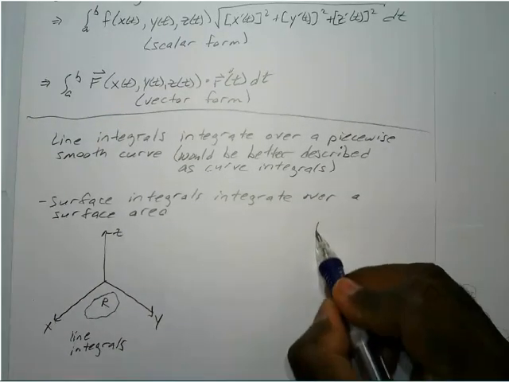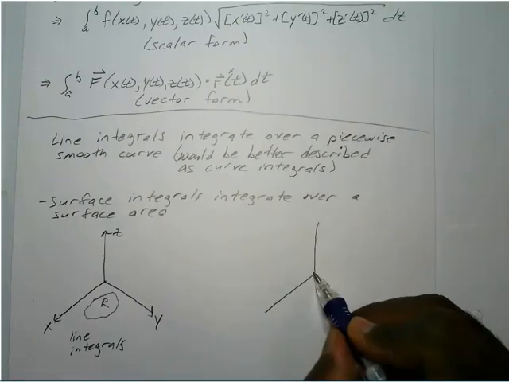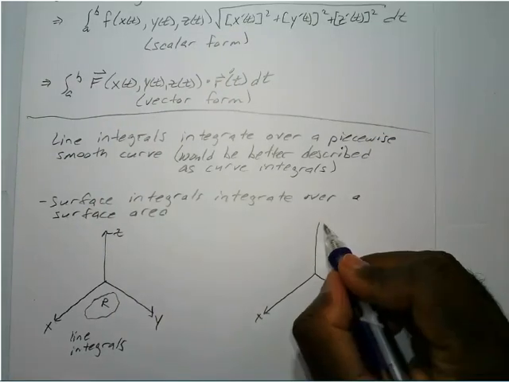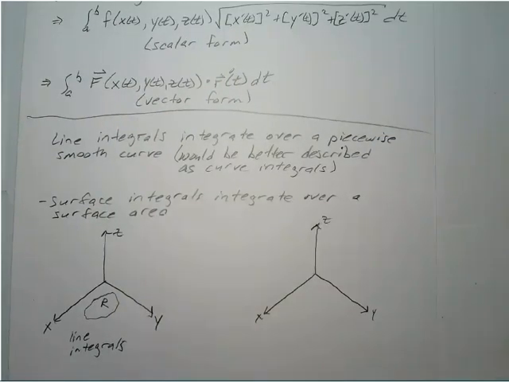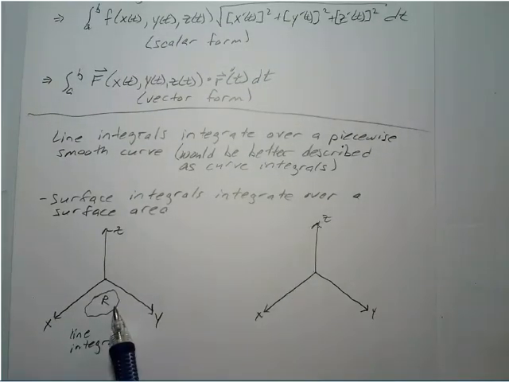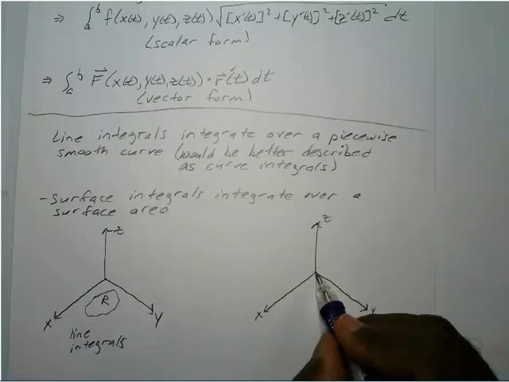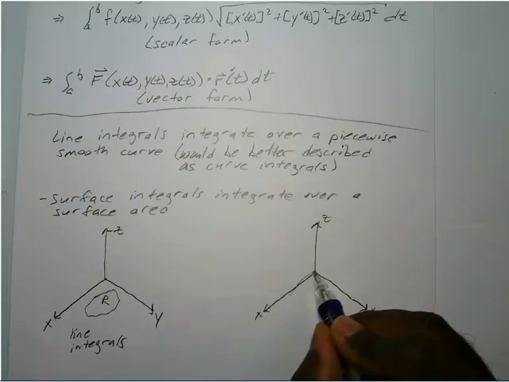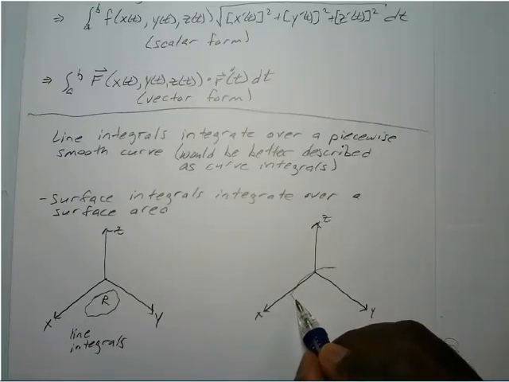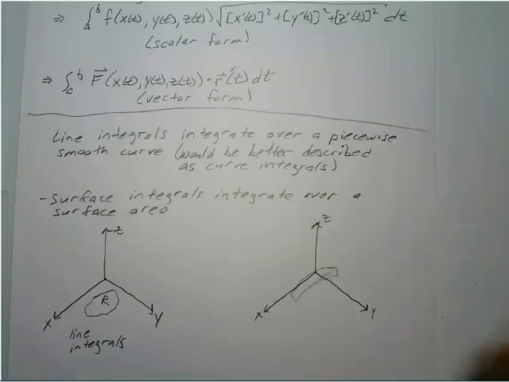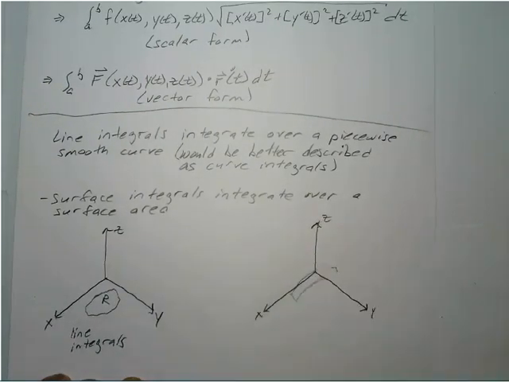Now let's say you have yet another three-dimensional graph, with your x, your y, and your z. Instead of just a region on the XY axis, let's say you have some sort of curve. Let me bring that where it's positive.